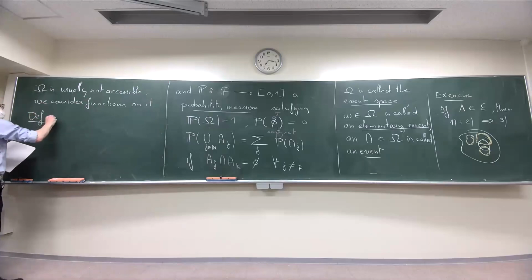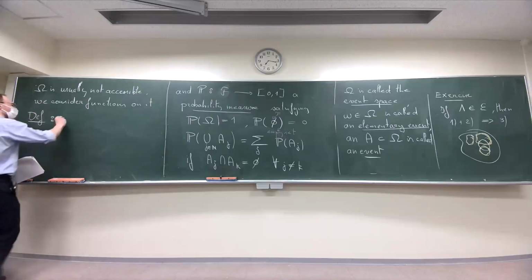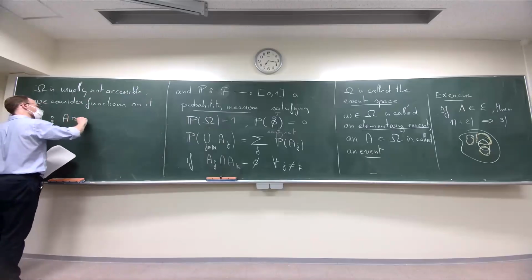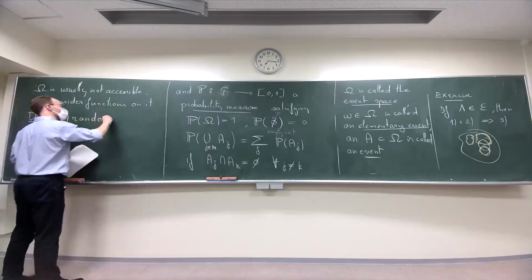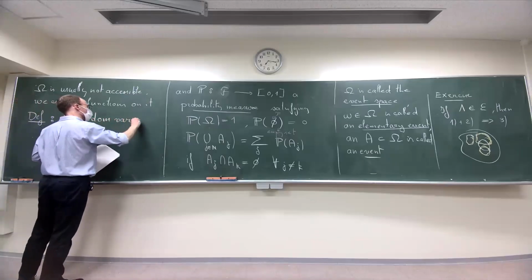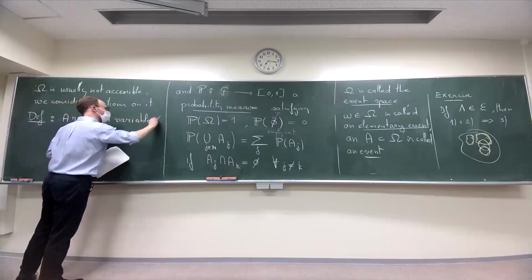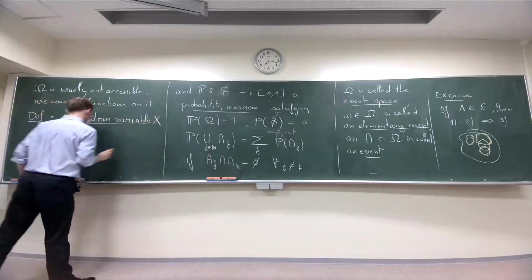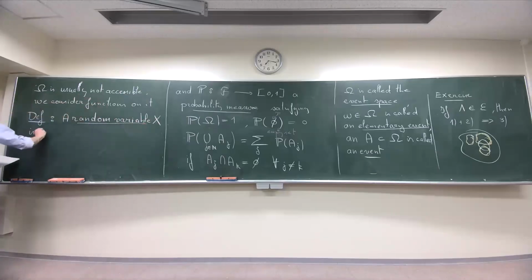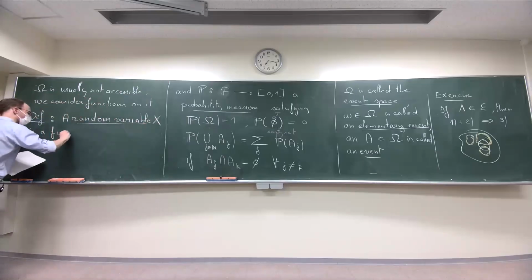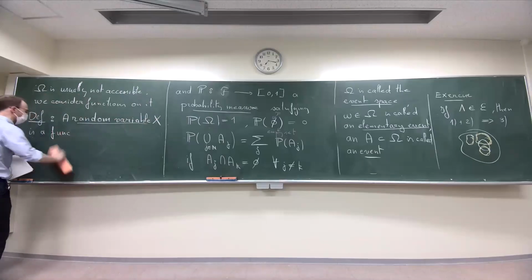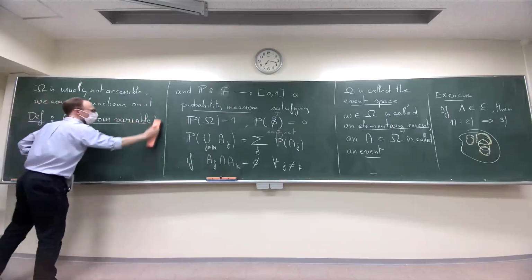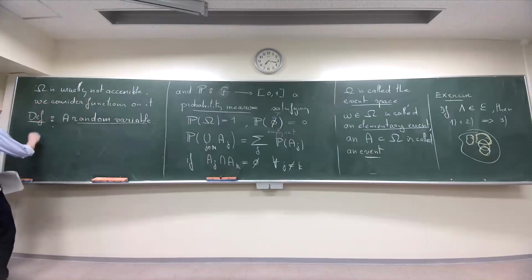What is a function on omega? A random variable, which I'm going to denote by capital X. Random variable X is a function. Okay, let me anticipate. Usually I shouldn't do it.